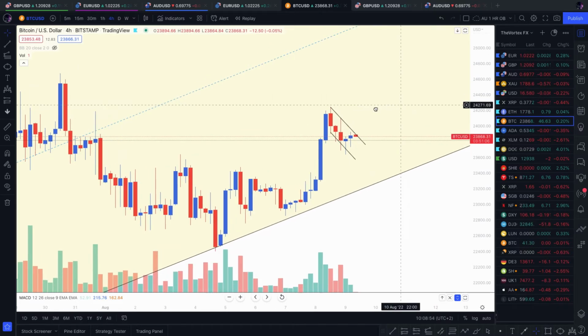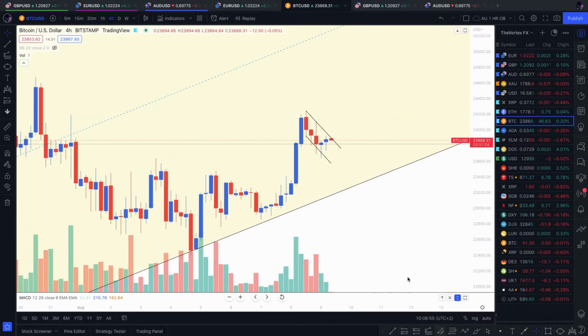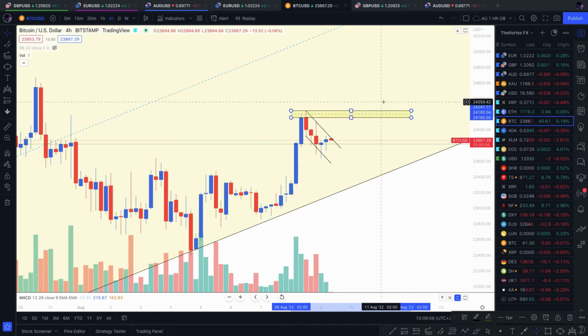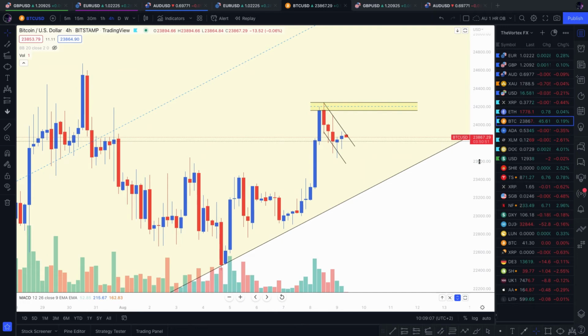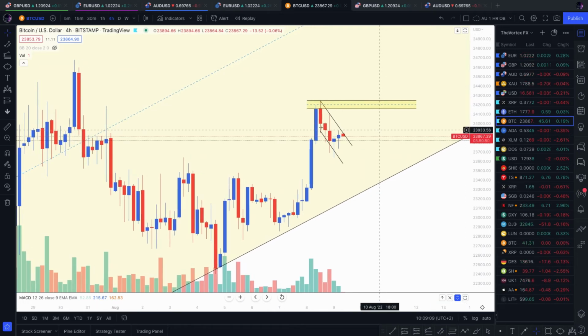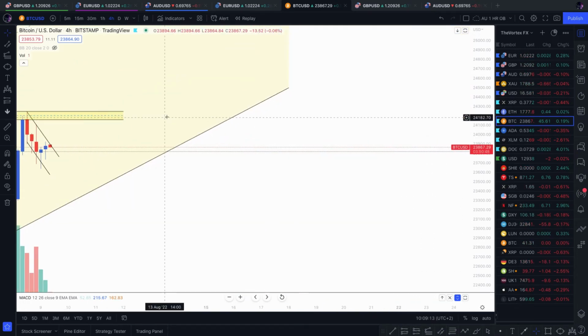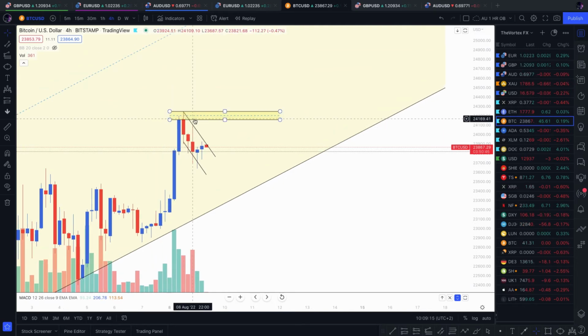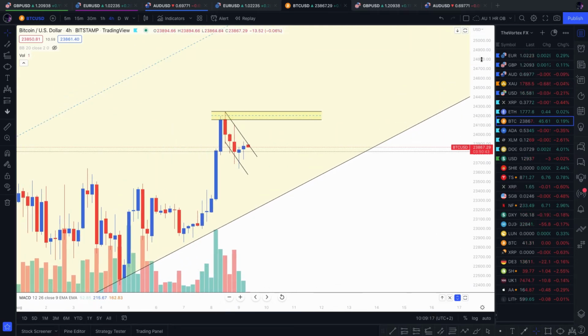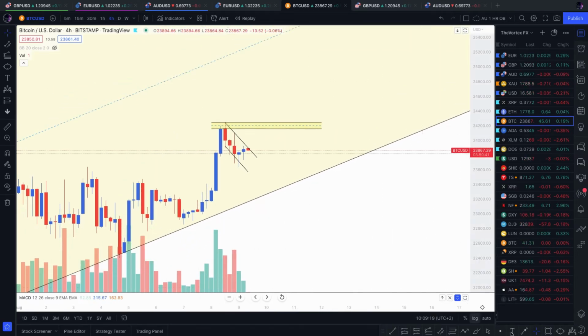Now what I am looking at is this. I'm going to put a zone around the very top of the flagpole, just covering from the bottom to the top of those wicks. Right, this we will call our flagpole zone. Now what I want to see is the price break this zone.